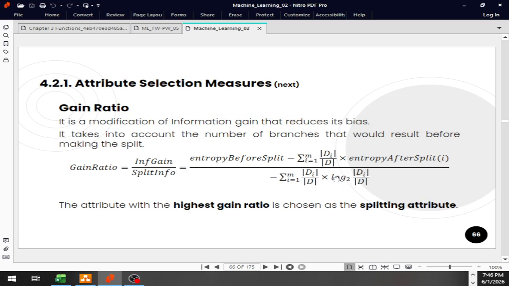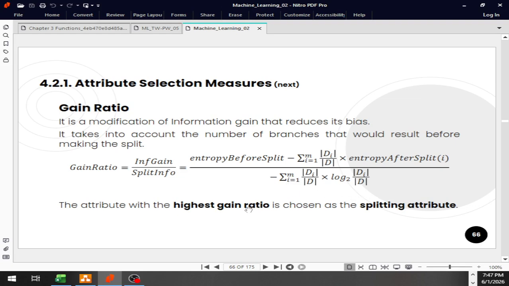For example, if you have a feature of a data set that will split your data into 4 equal subsets, so it's going to be 0.25 each. When you measure this log, you will discover that the information gain gets reduced.